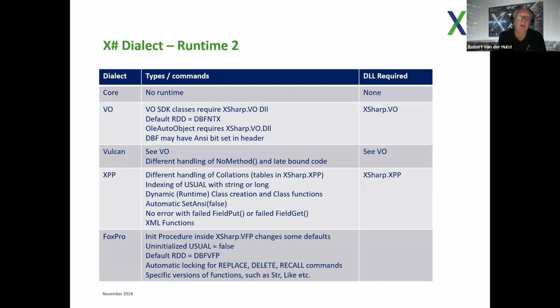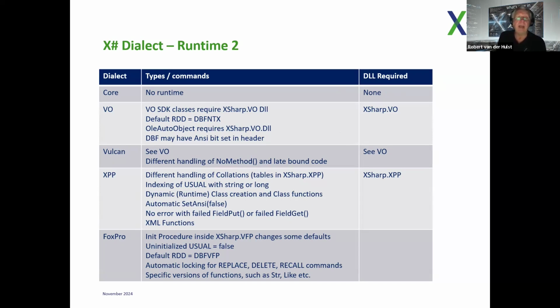About the runtime, the core has no runtime. We know that. It's not required. There is an X# core runtime, but it's basically an assembly that is compiled in the X# core dialect and has functions, code that does not depend on the X-base types like date and array, etc.